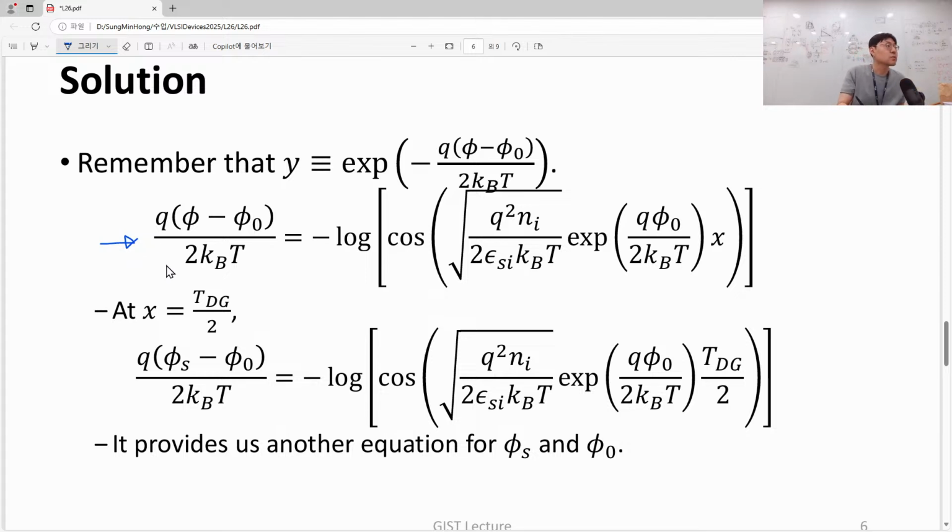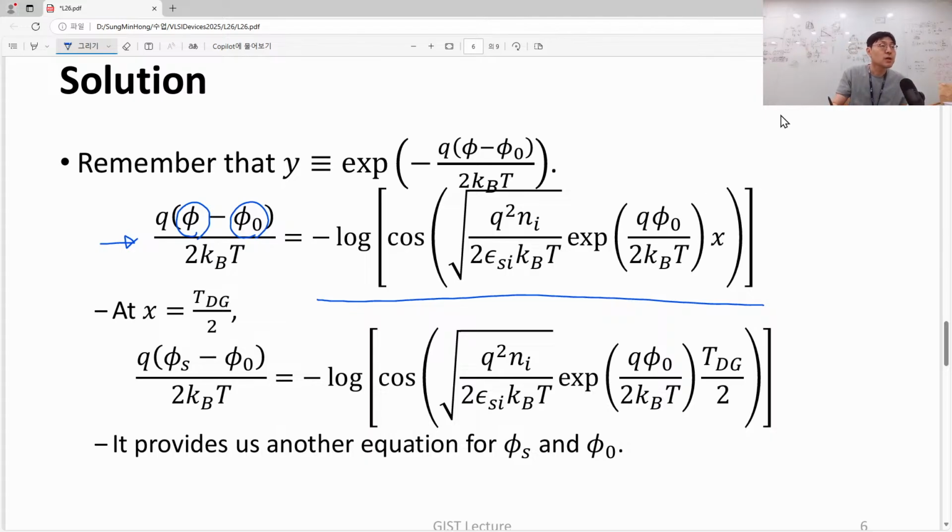Okay, so the difference between the midpoint potential and the potential at any arbitrary position is simply given as this, seemingly quite complicated, but now we have an analytic exact expression.